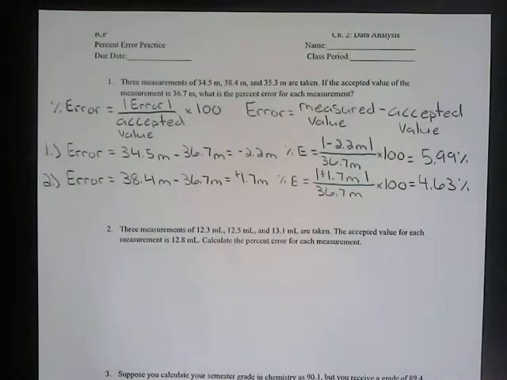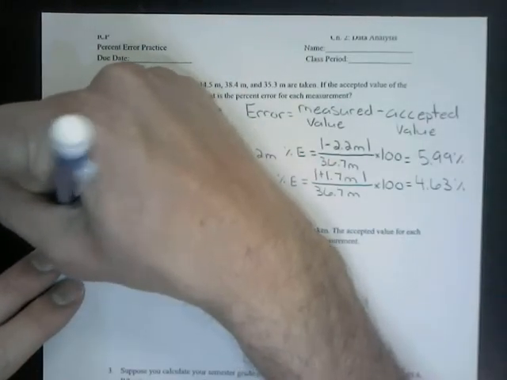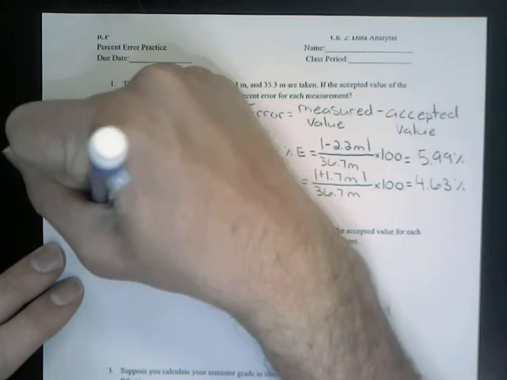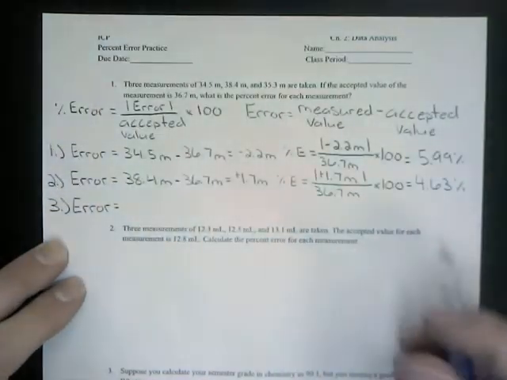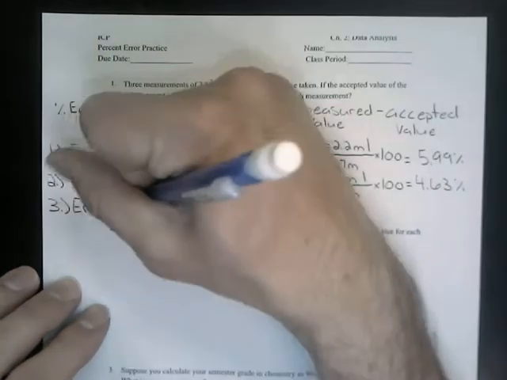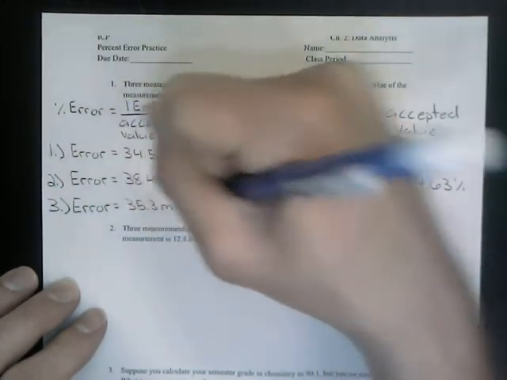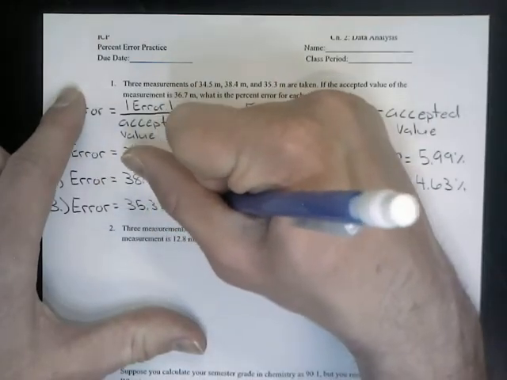Now, we need to do this for the third measurement, so we always start out here and we find the error. So the error for measurement number 3 is found by taking the measured value, which is 35.3 meters, minus the accepted value, which is still 36.7 meters.